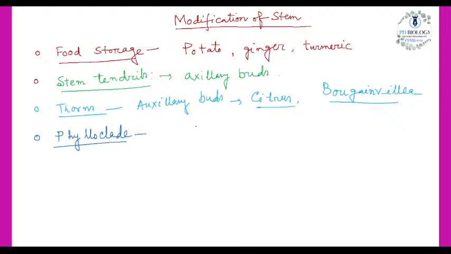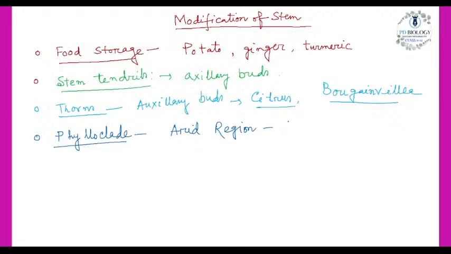Phylloclade is a green, flattened or fleshy, cylindrical stem containing chlorophyll for photosynthesis. These phylloclades are mostly present in plants of arid regions. Xerophytic adaptations are found in phylloclades.